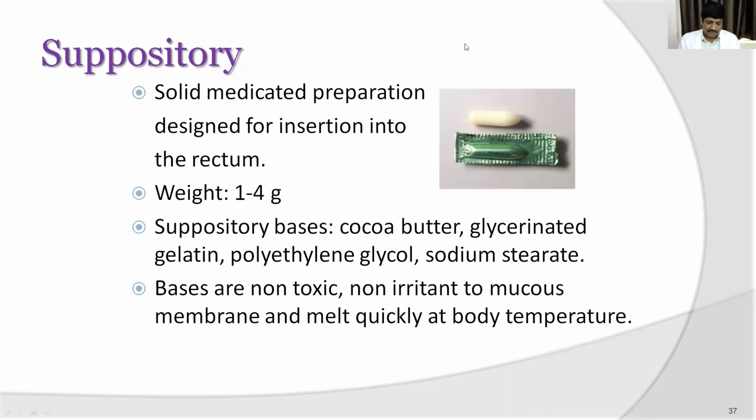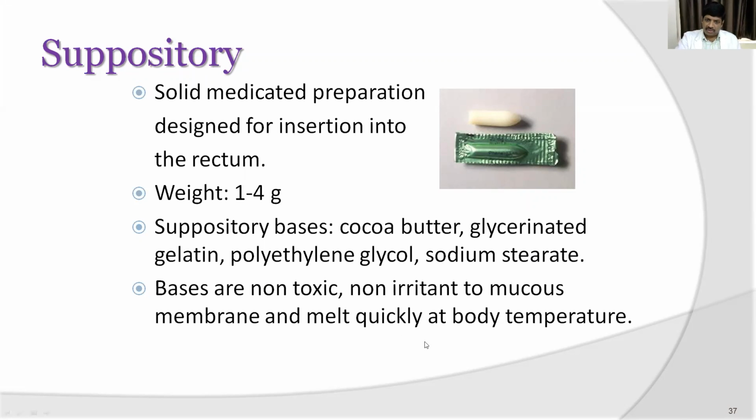Then comes the suppository. As I told initially, suppositories are meant to be put in the rectum. Solid medication is mixed inside, and these are usually bullet shaped so they can be inserted easily. They get dissolved there, and then the action of the drug is given. Cocoa butter, glycerinated gelatin, and polyethylene glycol or sodium stearate are the compounds mixed with the drug so that it can be inserted easily.